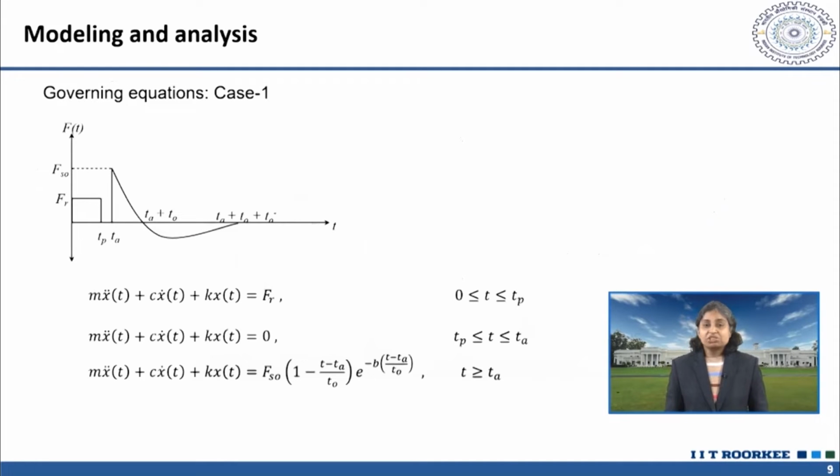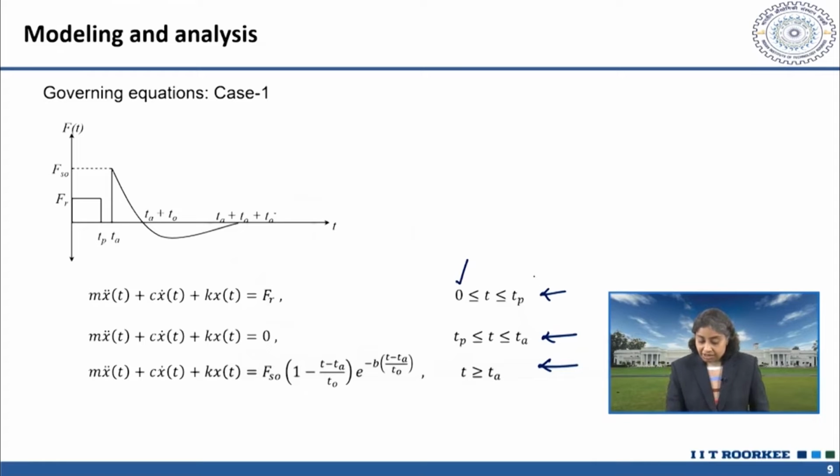So, here I am just showing you the first case. The governing differential equations, or the equations of motion, are written in this particular form for different time durations. Once we have these governing differential equations, we have to solve them with the help of the initial conditions. Take a note that at time t equal to 0, I will be taking the initial displacement and velocity of the system to be equal to 0.